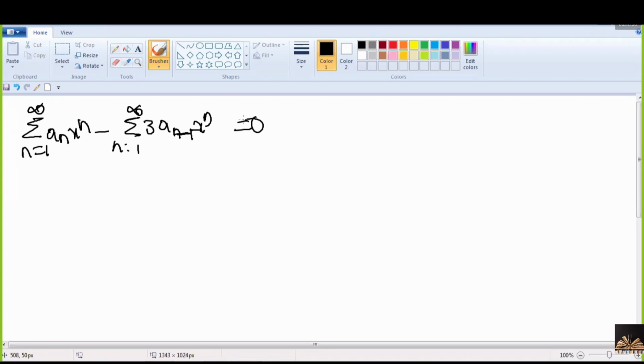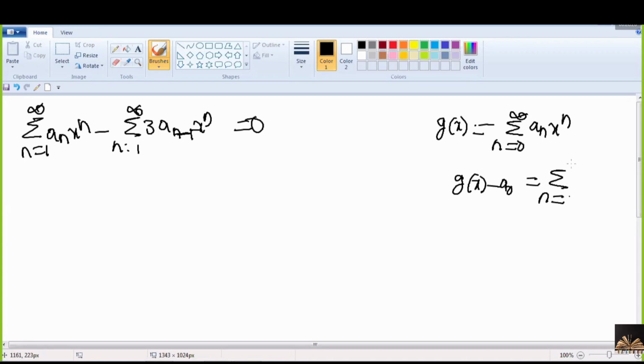Now, just recall the definition of g(x) I have given. I have written g(x) as summation of n equal to 0 to infinity a_n x^n. It can be written as g(x) minus a_0 is equal to summation of n equal to 1 to infinity a_n x^n.